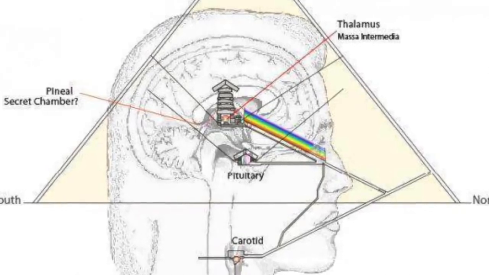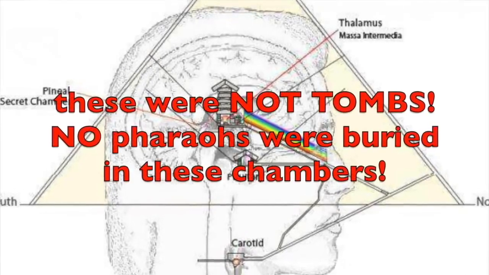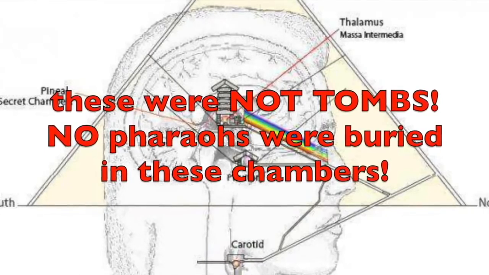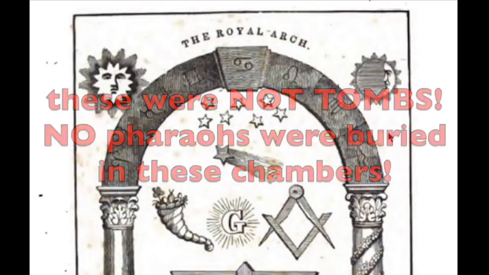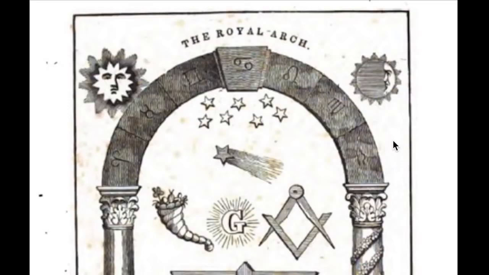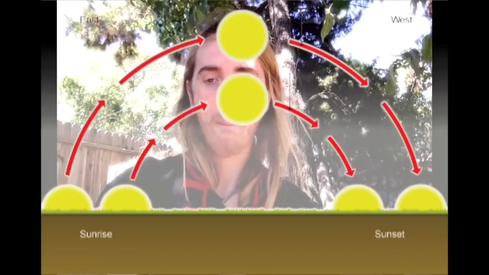So again, that's why it's called the King's and Queen's chamber, and this is why it's the Royal Arch. And again, later on in the video, I'll explain more about why it's royal and how it relates to royalty, to the pharaoh, the king cobra, the king serpent, the basilisk, which means king serpent, which again refers to royalty. So I'll cover that in depth later on throughout the video.